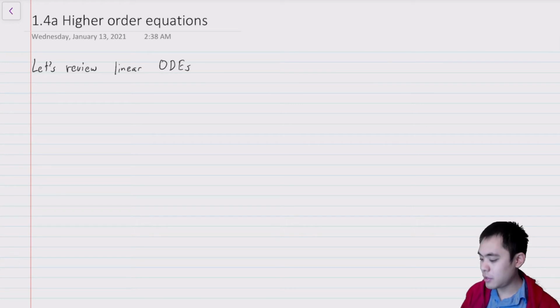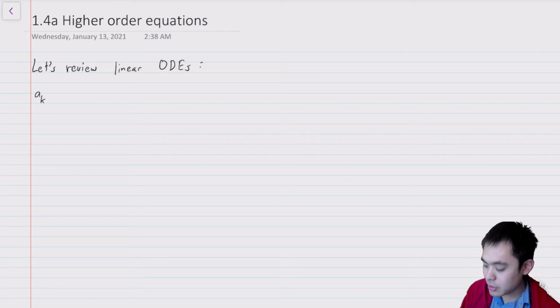So one general form of these is we have some coefficient a_k of t times d to the k over dt to the k of x.